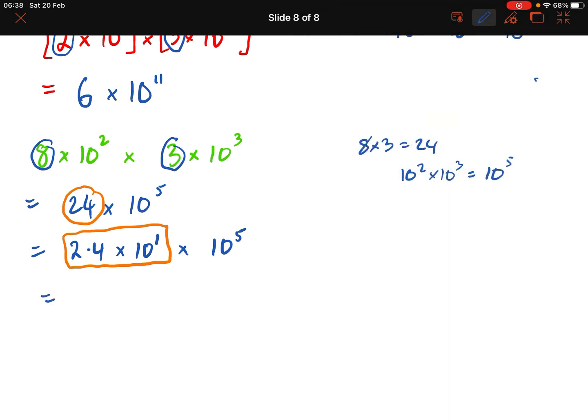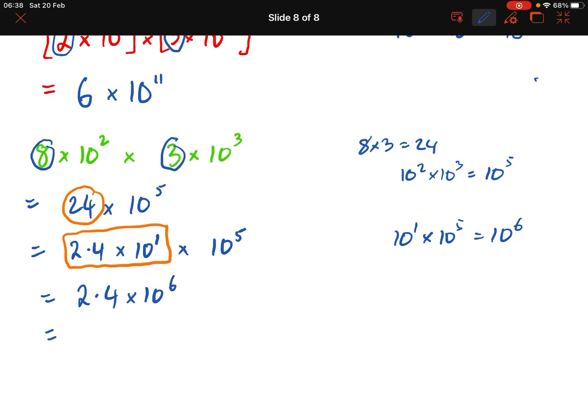Now we can do 10 to the power of 1 times 10 to the power of 5, which is 10 to the power of 6. So the answer is 2.4 times 10 to the power of 6, because you needed to change it so that it was actually in standard form.